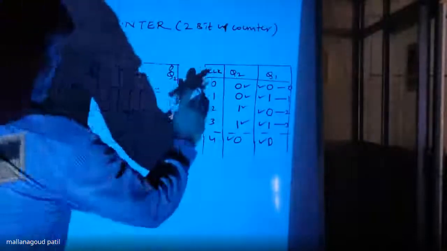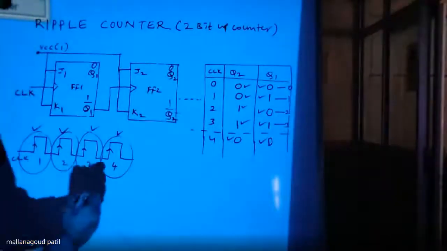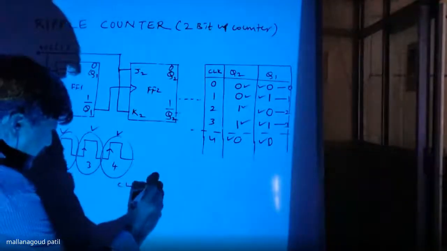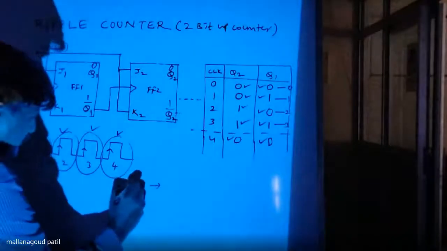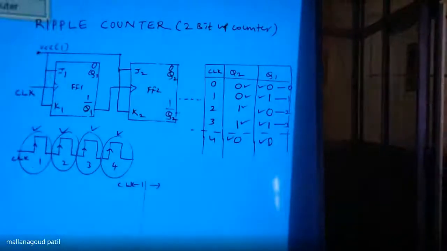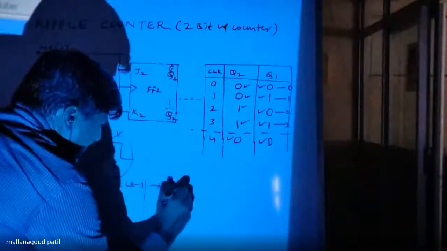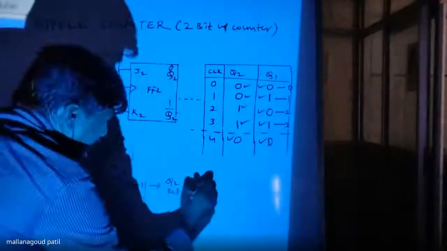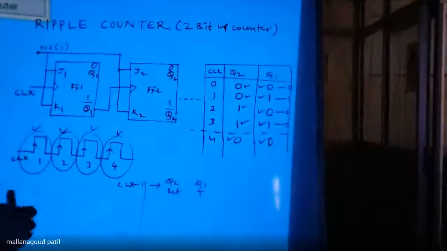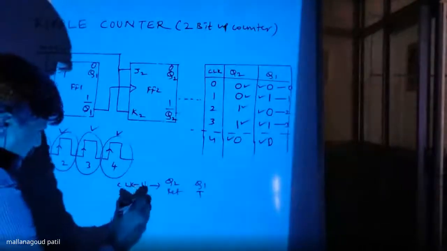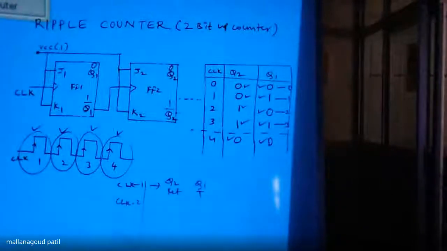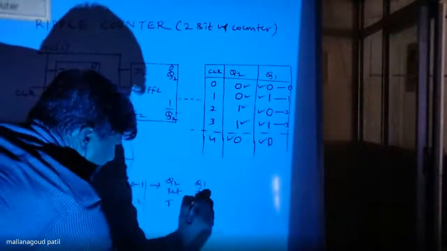Or I can write here. So first clock, what happens? I can write here, CL1, clock 1. Q2 retains, I can write RET for retain. Q1 toggles. Clock 2, what happens? Q2 toggles, Q1 toggles.